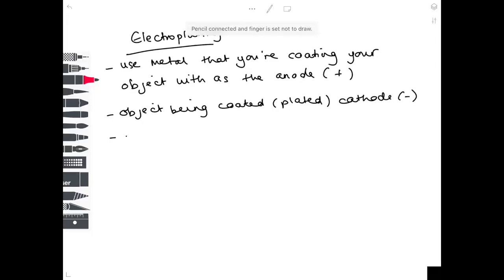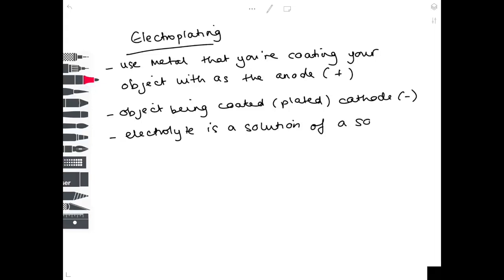The electrolyte, so the substance undergoing electrolysis, is actually a solution of a soluble compound of the metal. And when electrolysis occurs, what you find is the metal ions are reduced at the cathode.